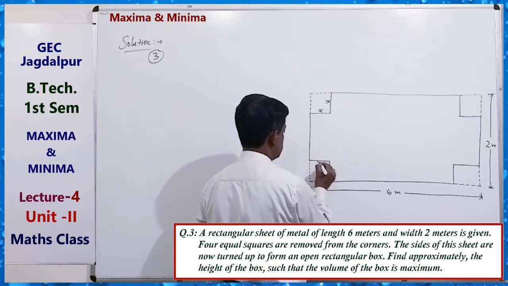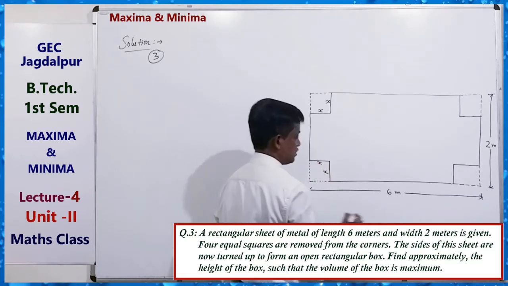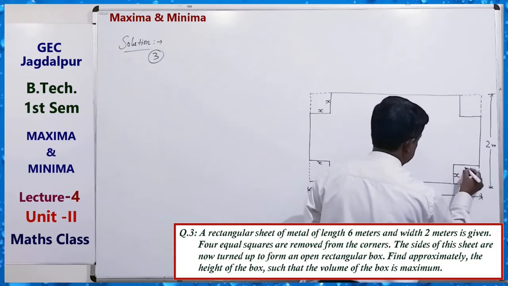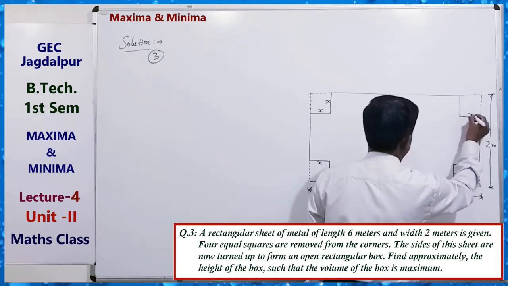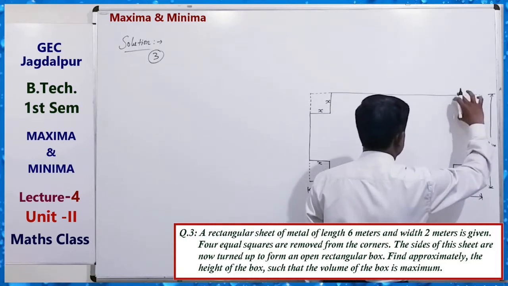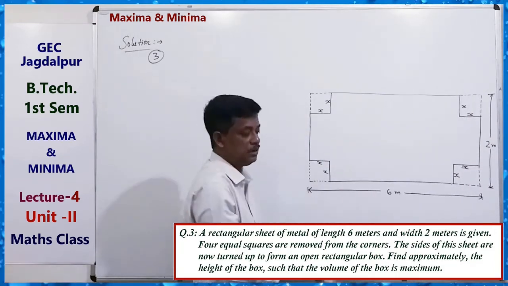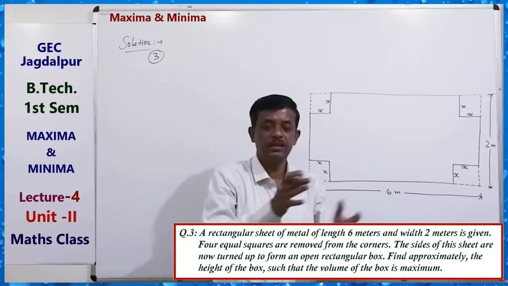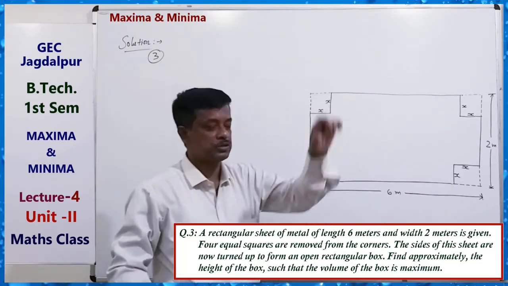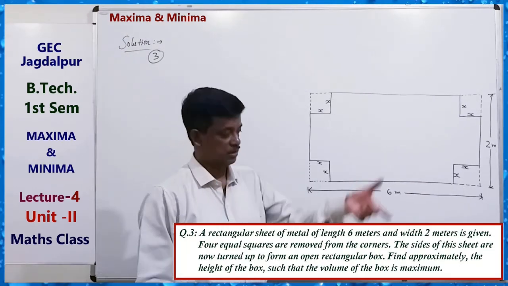This is a square, so this length is what? x. Suppose this length is x. We have to remove this and just fold up for making a box. So the height of the box will be what? x. Height.